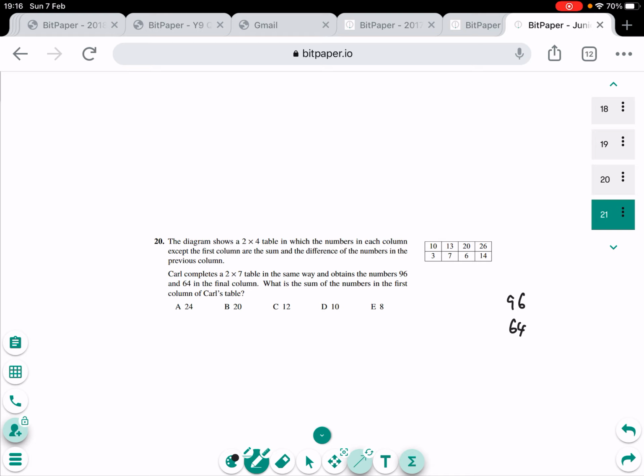So we know that these 2 numbers make up the next number. What is the sum? For this question you just need to follow the pattern down. So the answer to question 20 is actually E, so 8, and you just do some trial and error.